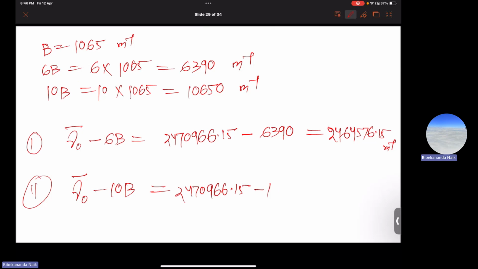2470966.15 minus 10650, which is 2460316.15 meter inverse. Now we need to convert it into wavelength units, that is nanometer or angstrom.